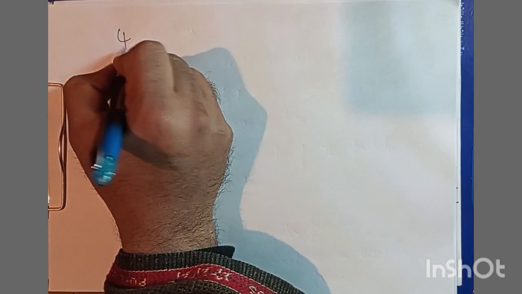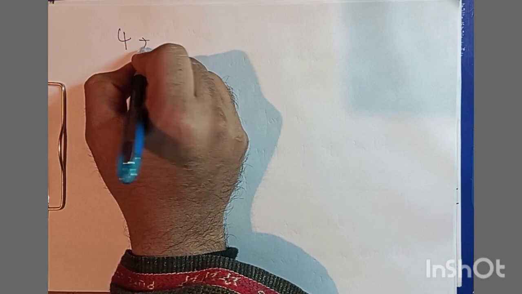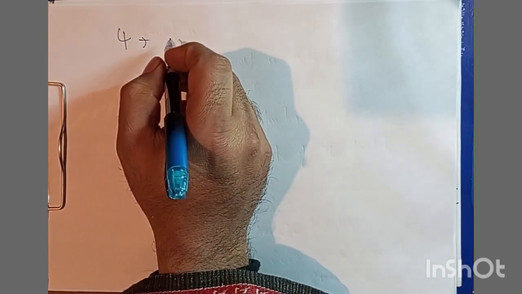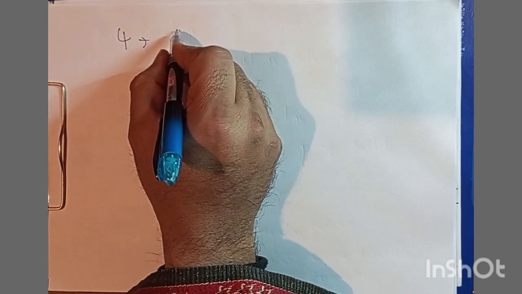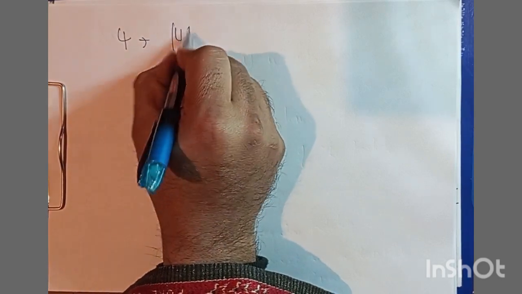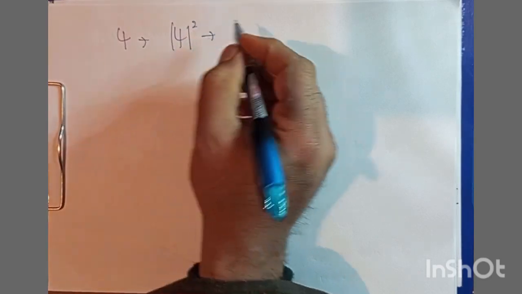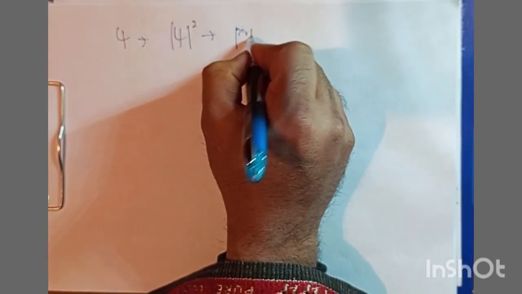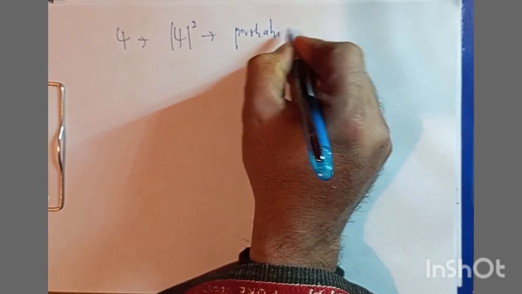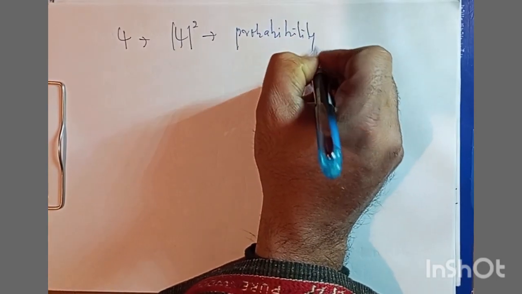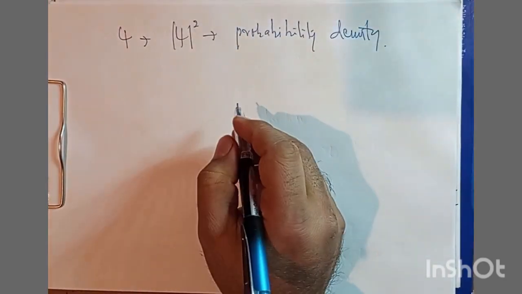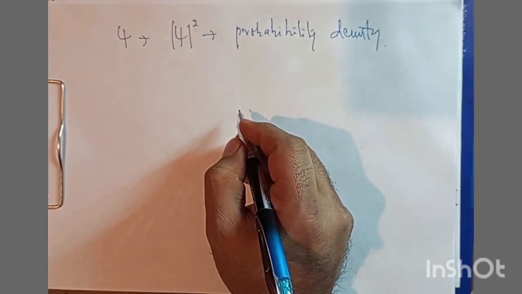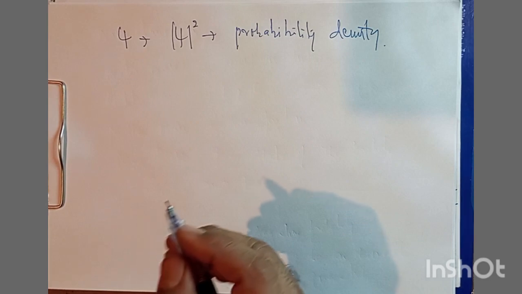So psi, we said, doesn't have any physical significance, but psi square does, and this psi square is the probability density.